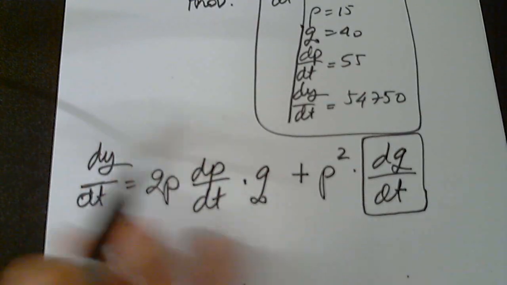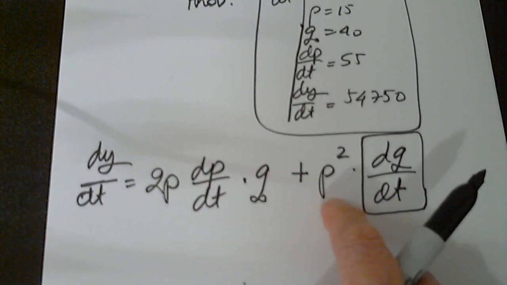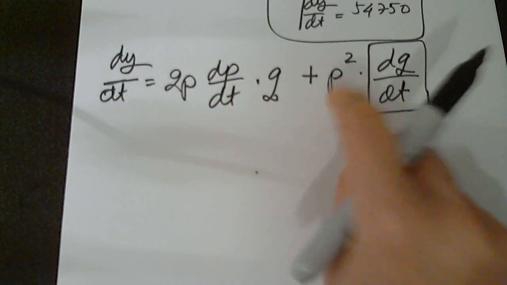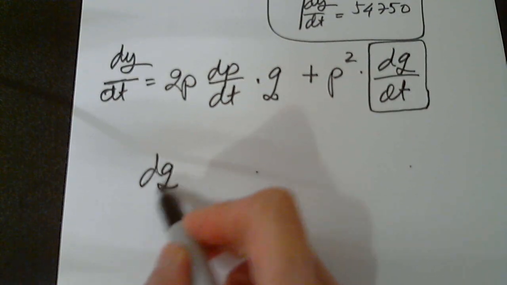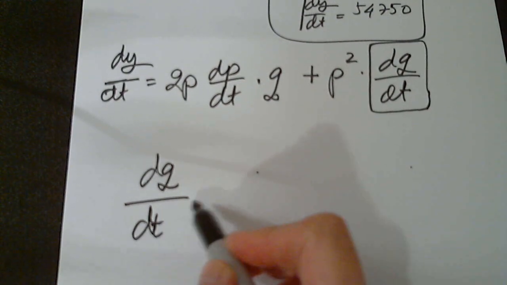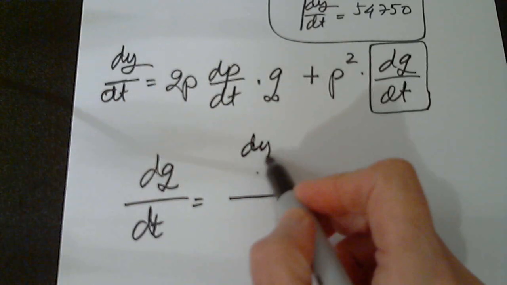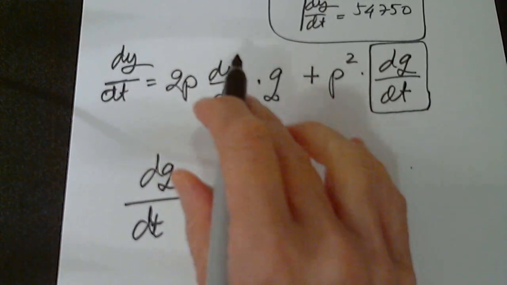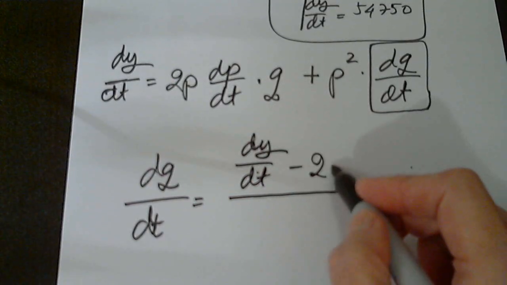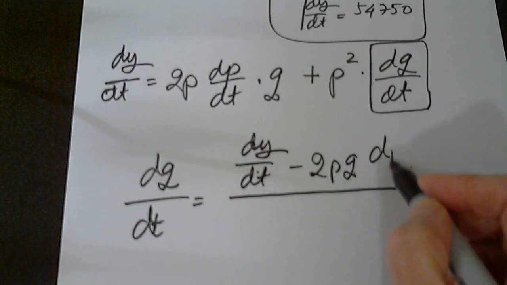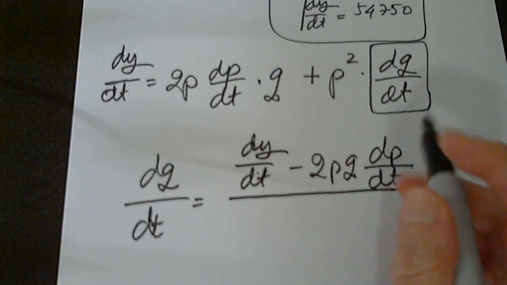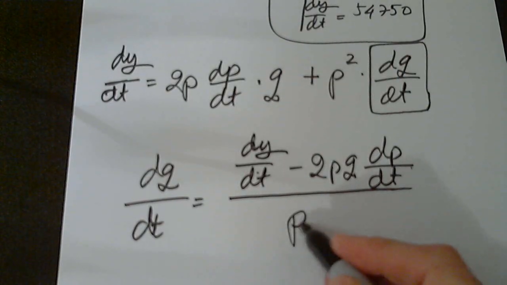I move this term to the other side and divide by p squared. So dq over dt equals dy over dt minus 2pq dp over dt, all over p squared.